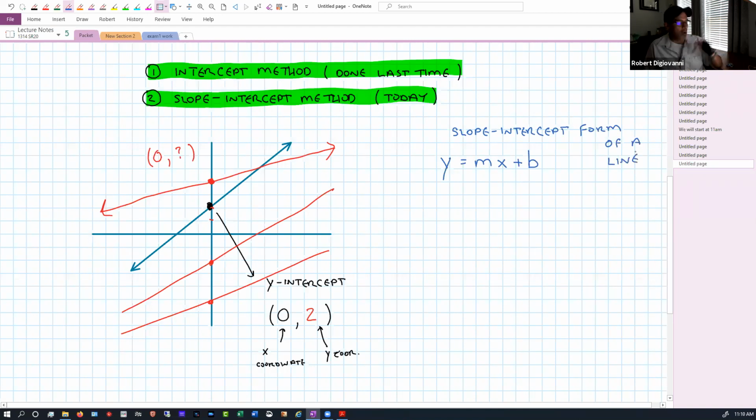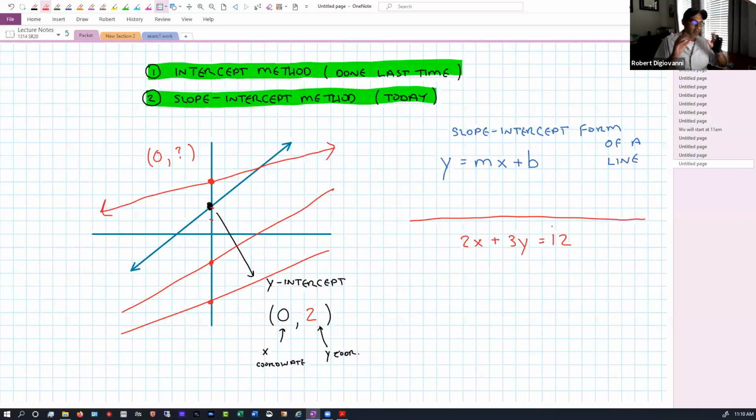Okay, so I want to be able to contrast that with something else. Last class, I gave you something like this, and we would all look at that and say, okay, that's a linear equation with 2 variables in it, x and y.